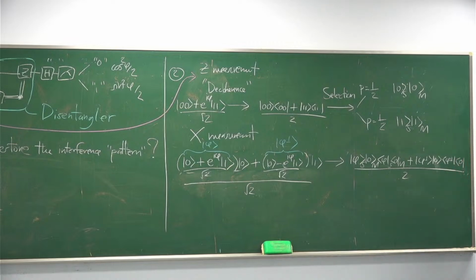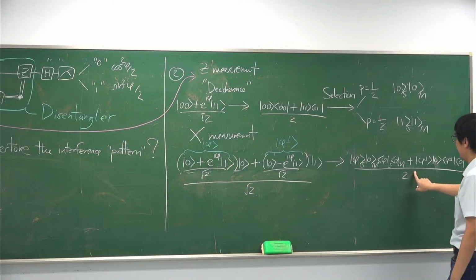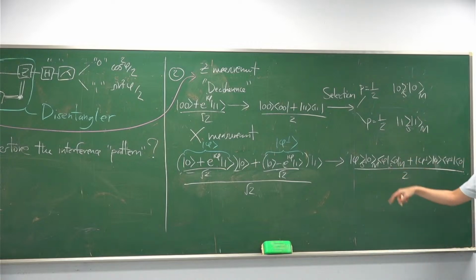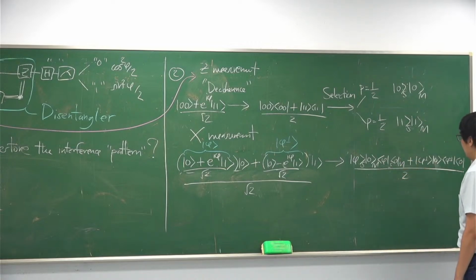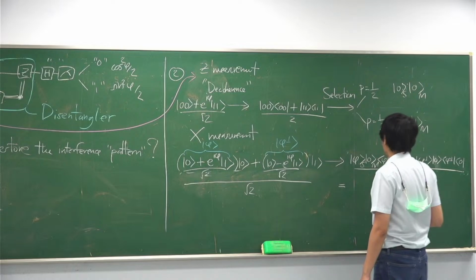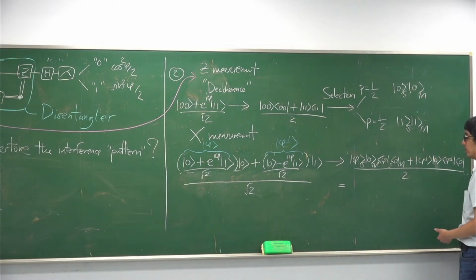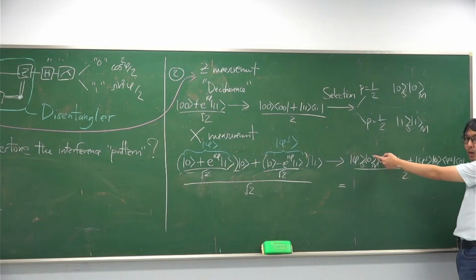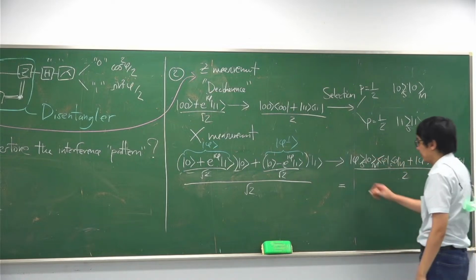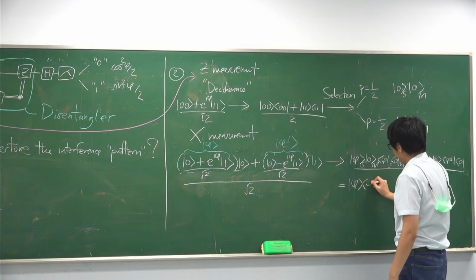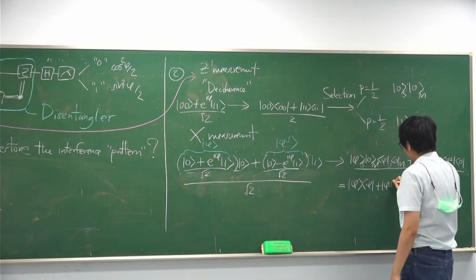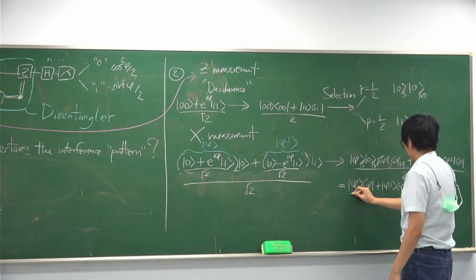Right. And then if I trace this out, if I trace the meter, the second qubit, out, of course, I just sandwich it between the orthonormal basis 0, 1 of the second system. So I will have this mixture.